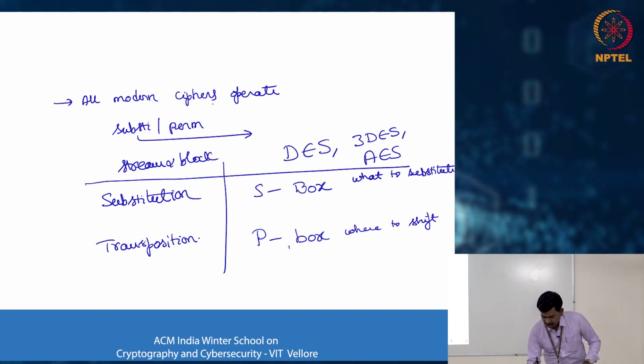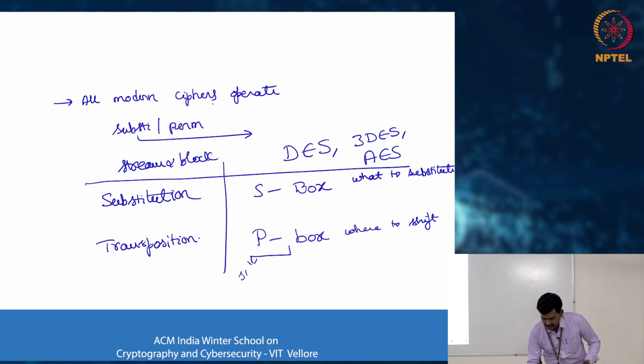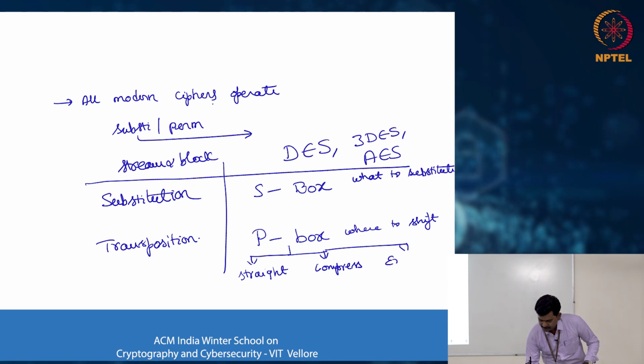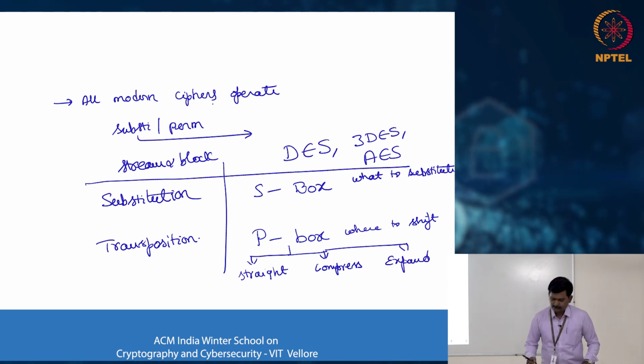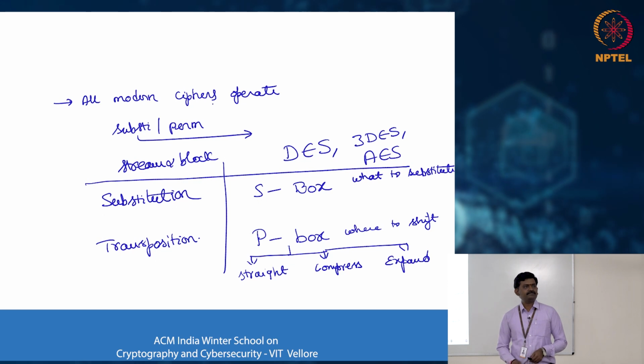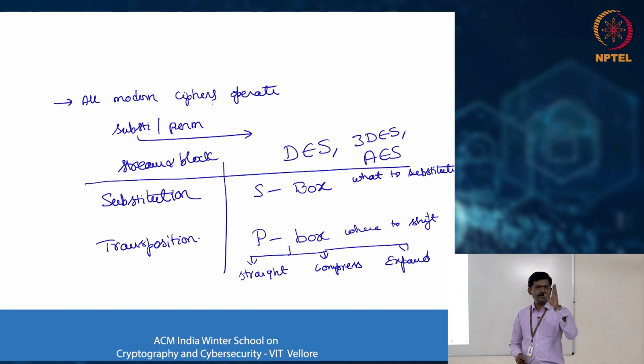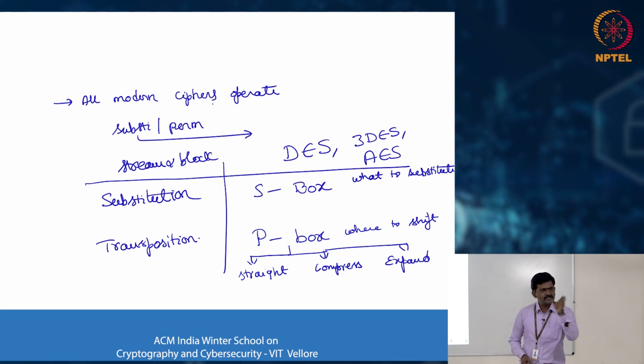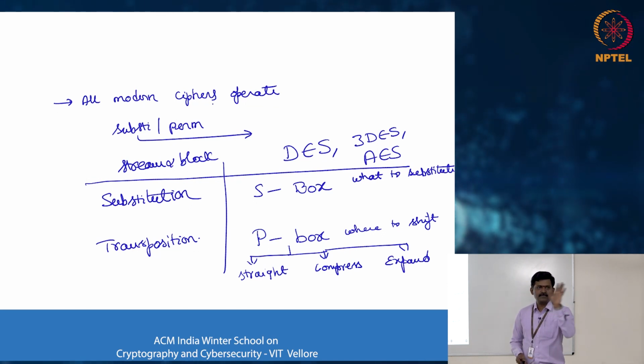There are three types of P box. One is called straight. Another one is called compress. Another one is called expand. Straight P box: I have 64 bits. Your P box says where these 64 bits go, to which places.